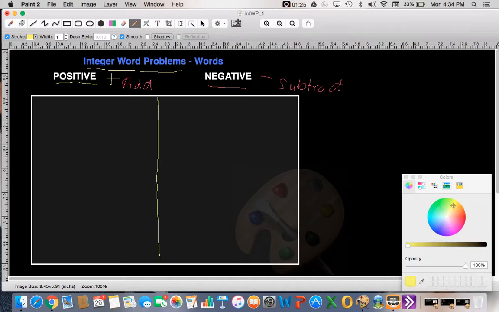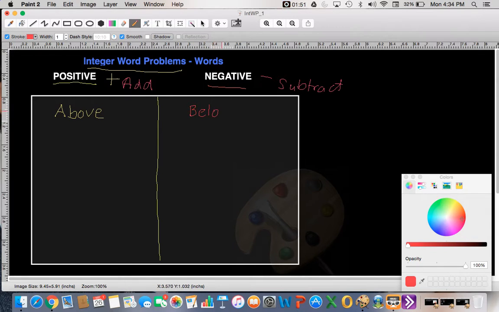Let's start off with one of the words that are used a lot in SOL testing here in your school. Above, and this is positive, and the opposite of above is below.